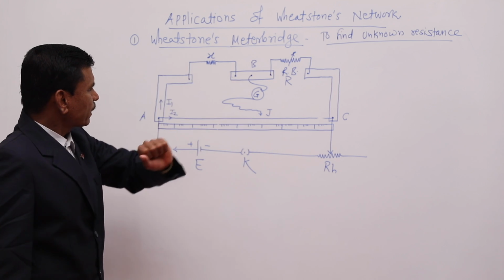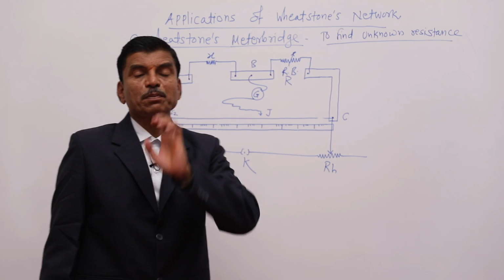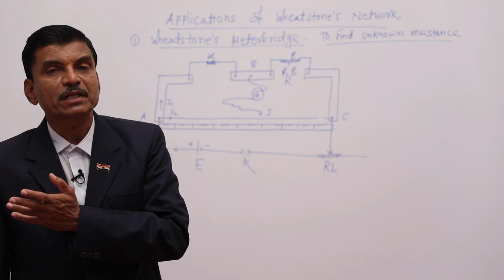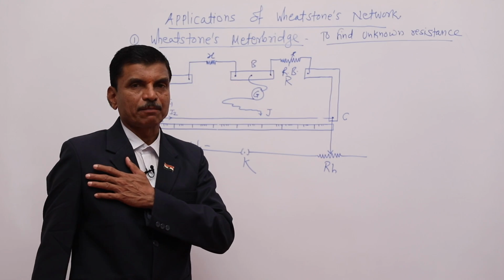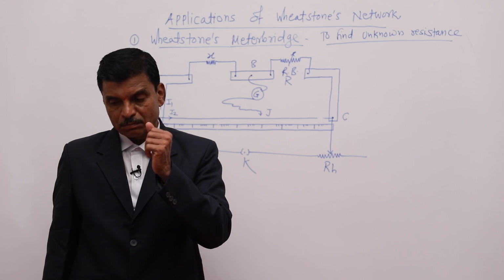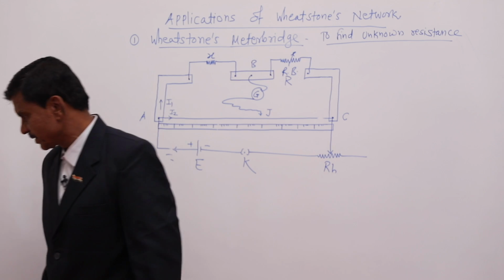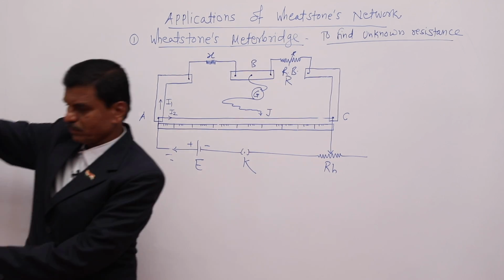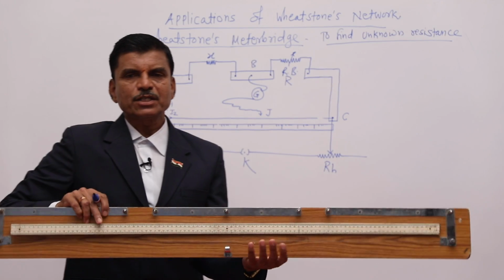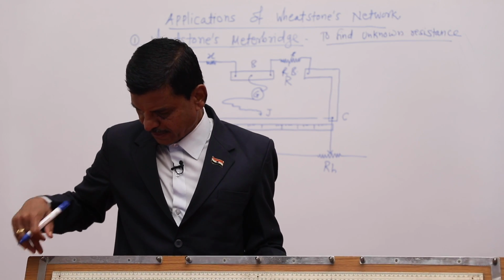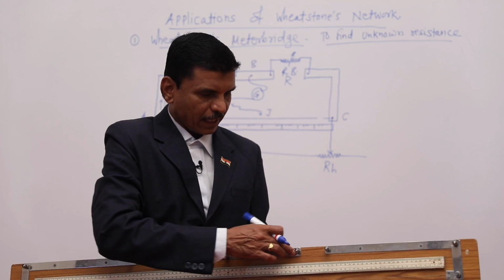So we have drawn the current, and now what is the experiment? Actually you have to do this experiment practically also in the laboratory. For that purpose I have brought the actual apparatus, the Wheatstone meter bridge. See here. This is the wooden plate. It has 3 copper strips, one L shape, second and third.